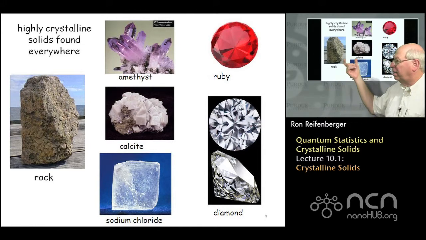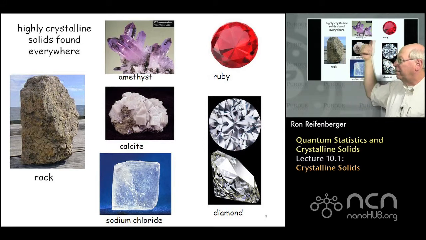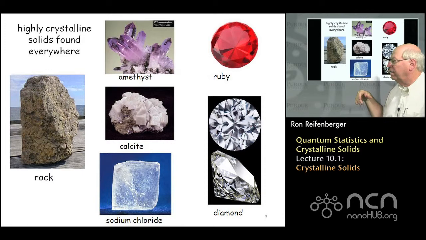Some of these crystalline states turn out to be very valuable, very useful, right? Some of them have been used to form gemstones and jewelry, various forms of which I've shown here. You have the more mundane form of crystalline solids, which is just grains of salt made out of sodium chloride.